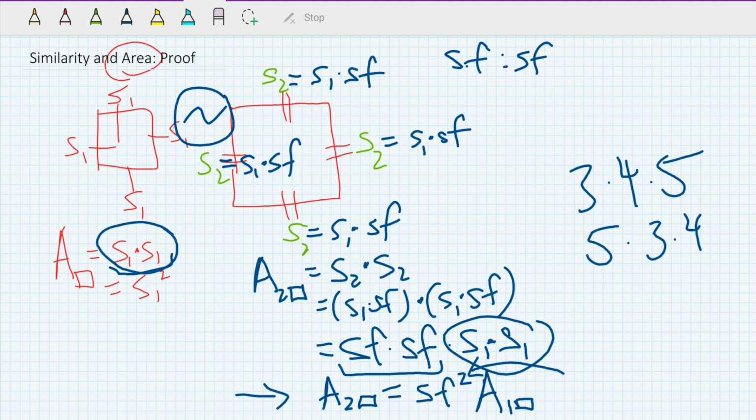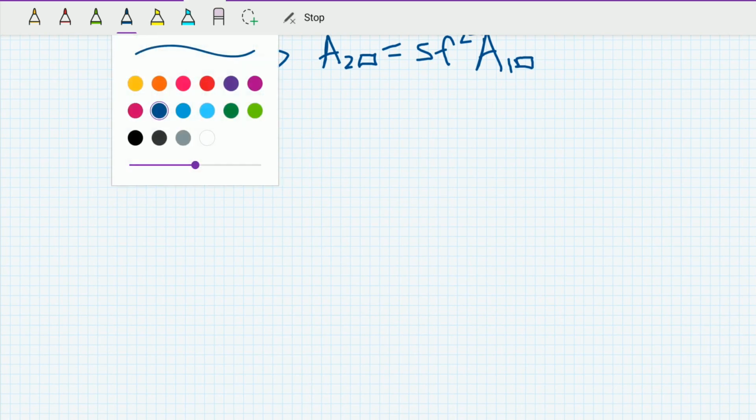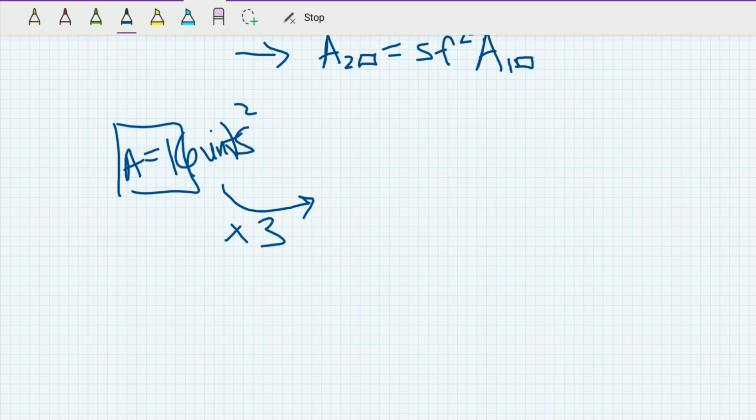So just to give you a quick example on how to use this and how different this is, imagine that you have a square with area, let's say, 16 units squared. Then let's say I'm going to dilate it by a scale factor of, let's do 3, just because it's a number. Since this is bigger than 1, I know it's going to be an enlargement.